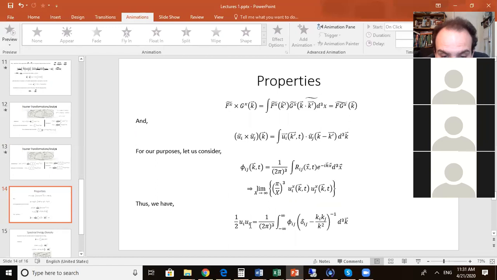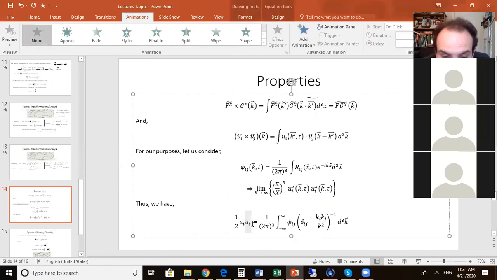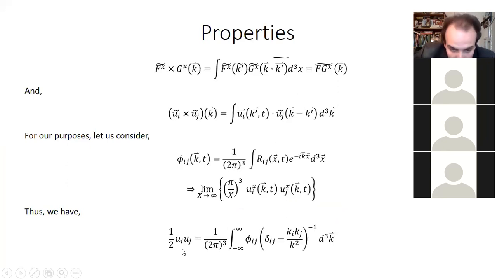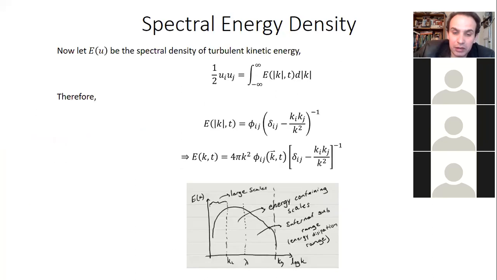I think there should be a typo here, let me just revise it. Yes, definitely it should be u_i u_j here, right? That makes sense. Which will mean that if i is equal to j, it will be kinetic energy. If i is not equal to j, it will be dissipation.